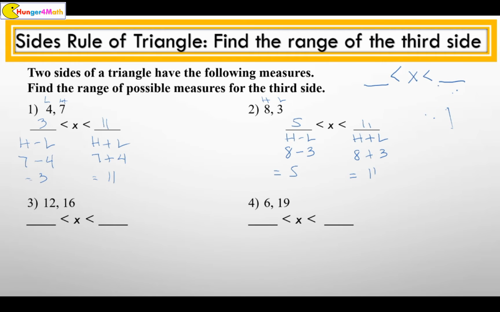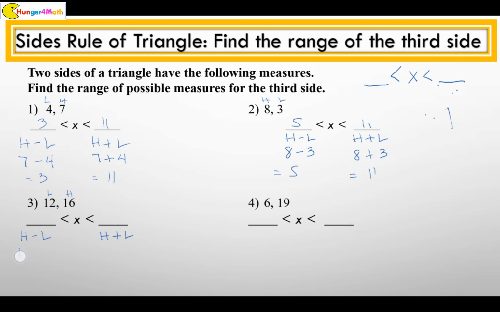On number 3, we have 12 and 16 as the two sides of the triangle. Here will be higher minus the lower and higher plus the lower number. Now let's substitute. So 12 becomes our lower number and 16 will be our higher number.